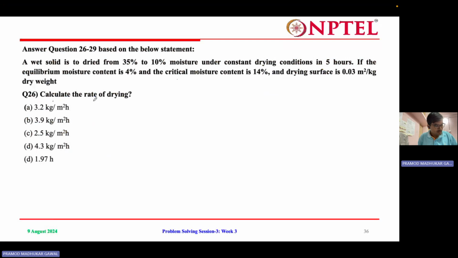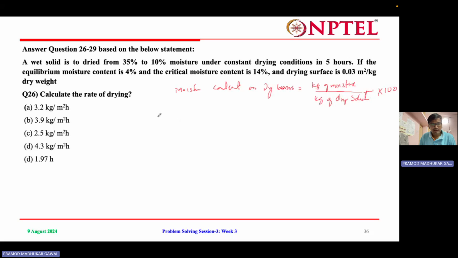As we know, the moisture content on a dry basis is kg of moisture divided by kg of dry solid, into 100, right?